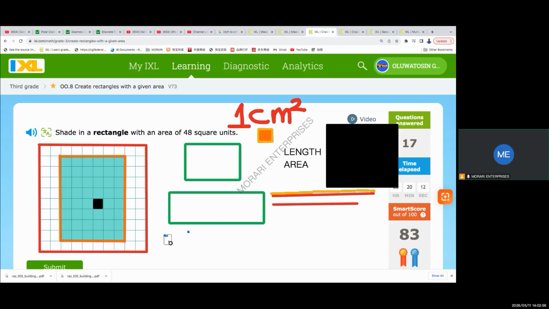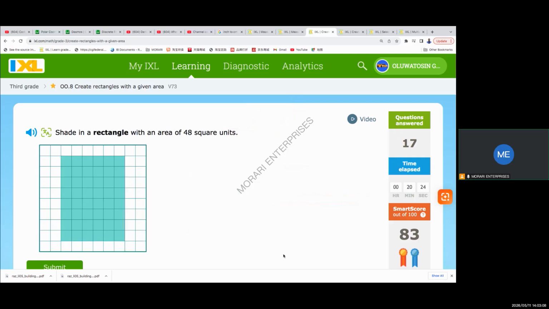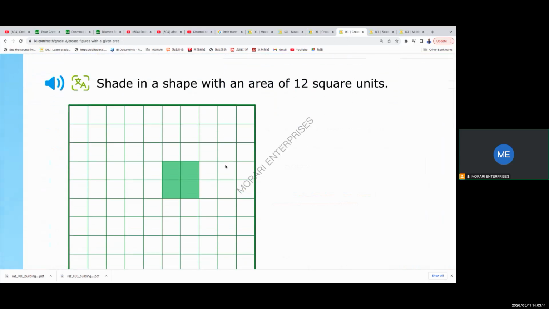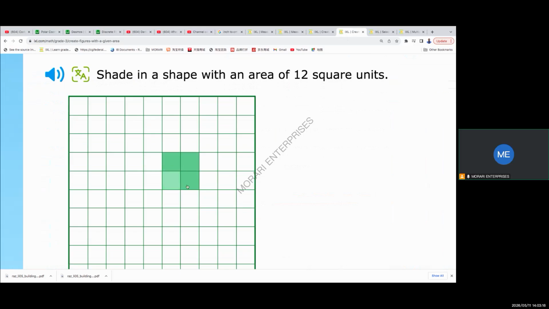So area means the space inside, and we have to use specific squares, millimeter squares, centimeter squares, decimeter squares, to measure these areas. All right. So again, area is something we should understand. Now here we can count. We see that these are just 4, but if we need to shade a shape, we can add this one.